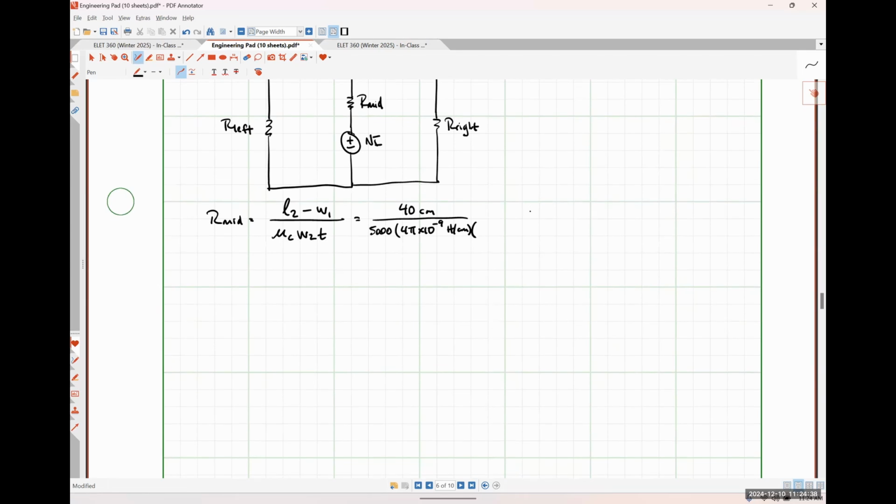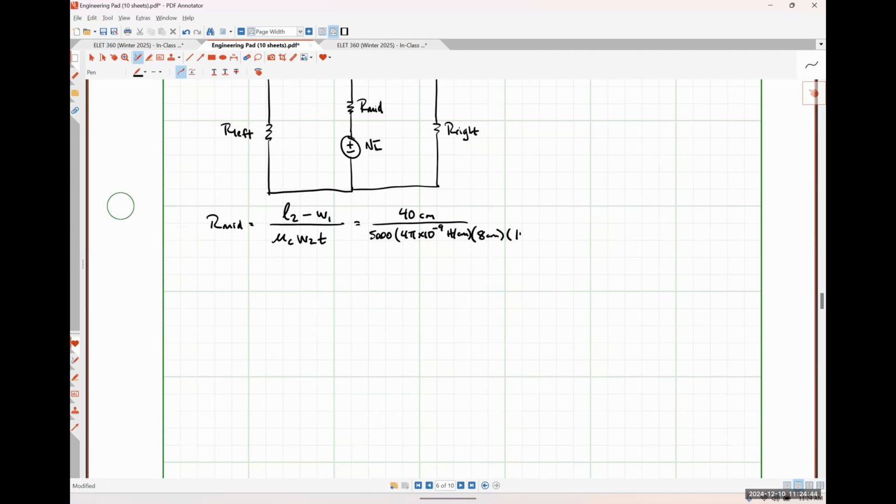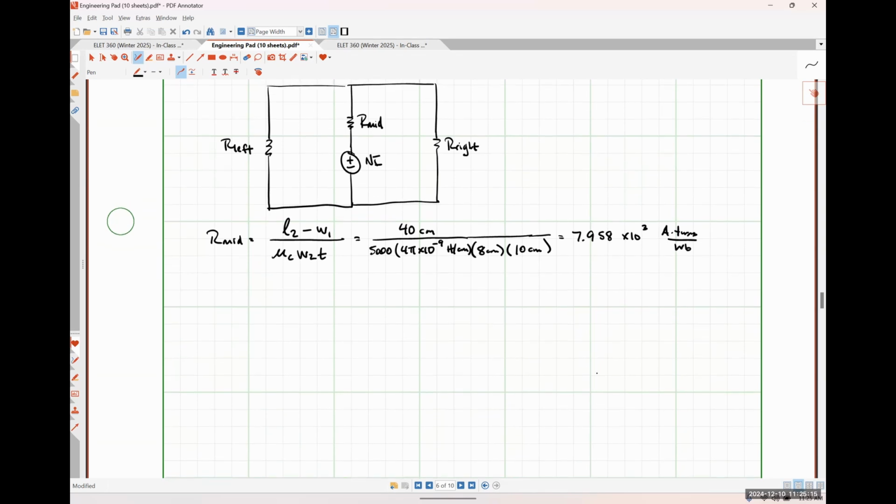W2 was 8 centimeters. T was 10 centimeters. And this is something that I can throw in my calculator, and I believe it comes out to be 7.958 times 10 to the 3 amp turns per Weber, according to my prior notes. Are we okay with that?